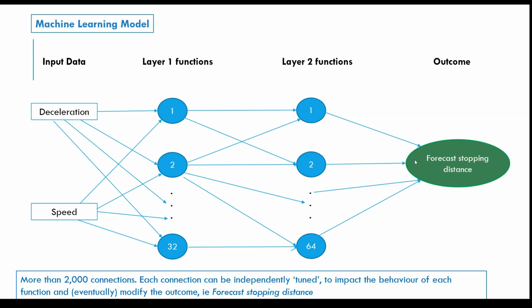And it does this on a number of occasions, the number of occasions set by the number of epochs or iterations. So we have up to around 2000 connections, and we'll be iterating or updating these up to 200 times. So as you can see, there's a lot of fine-tuning that can take place.